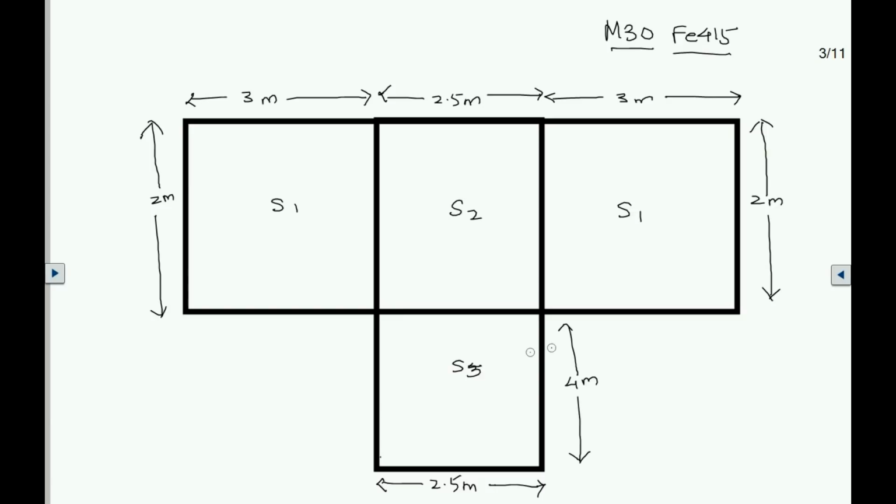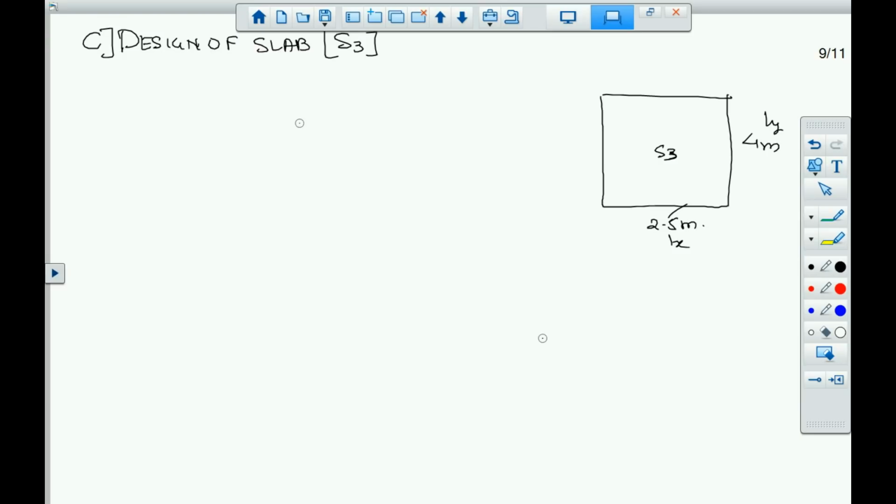Now for this condition you have to look in table number 26, and accordingly you will calculate alpha x and alpha y, positive or negative, whatever the case. Now again the first step is to fix the depth, and the formula is span upon the basic value, which is 26 for a continuous slab, into mf.